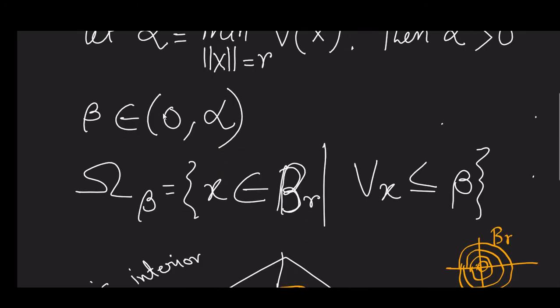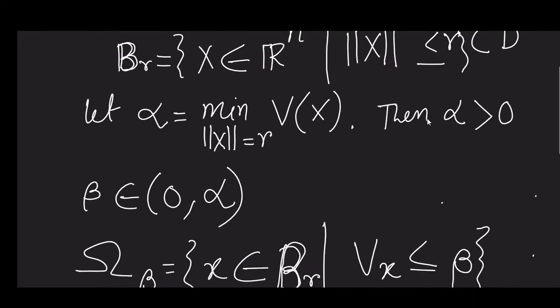Now obviously as alpha is greater than 0, beta is also something defining your Vx upper bound. Beta cannot include 0, because Vx by virtue of its definition cannot give you 0 value.